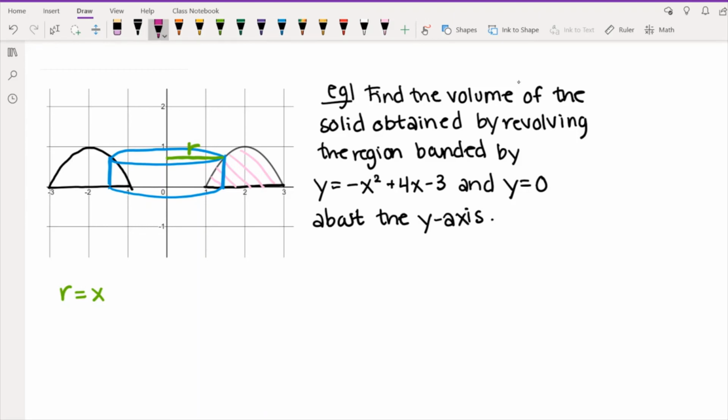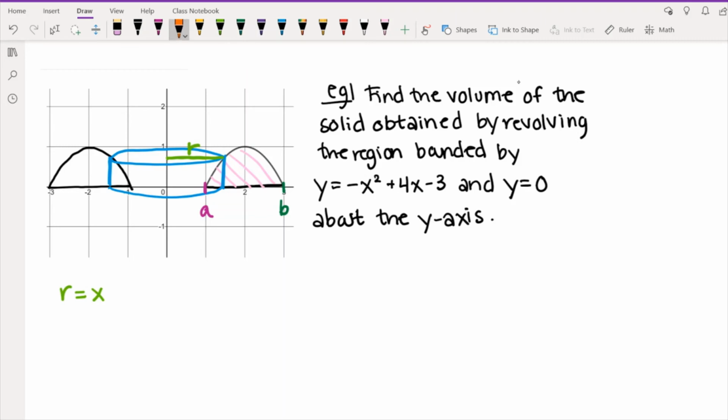If we make our lower bound 1 and our upper bound 3, and let R be equal to x, we'll include every x value between 1 and 3: 1.1, 1.2, 1.3, 1.4, and so on. That's why we still set the radius equal to x. We don't say 1 plus x or anything like that, because the radius truly is whatever x value you're at. The bounds just restrict what that can be.